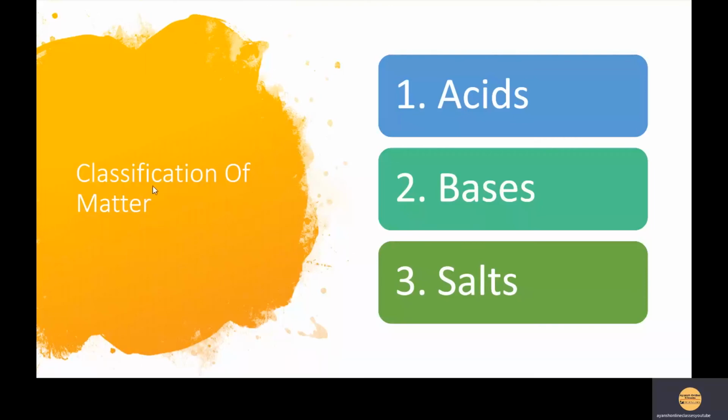If you want to do the classification of matter, you can classify it as acids, bases or salts, as we saw in the previous content. Whatever material is present around us can be easily classified into acids, bases or salts. Now let's start defining each of the elements and let's see what exactly properties they exhibit.